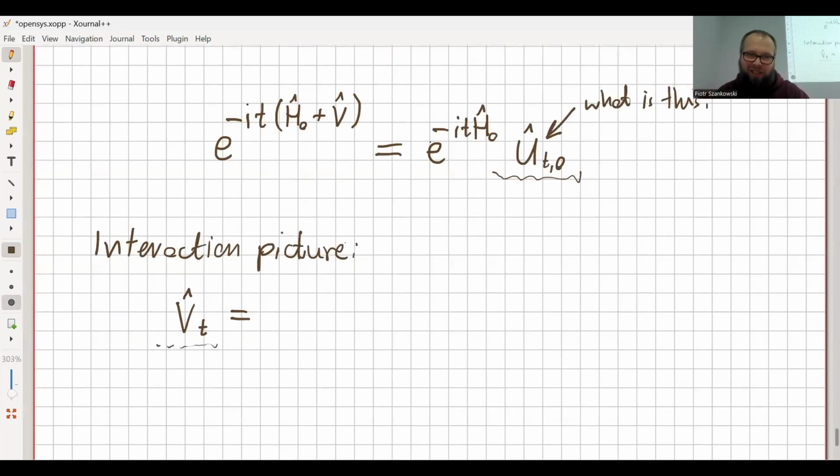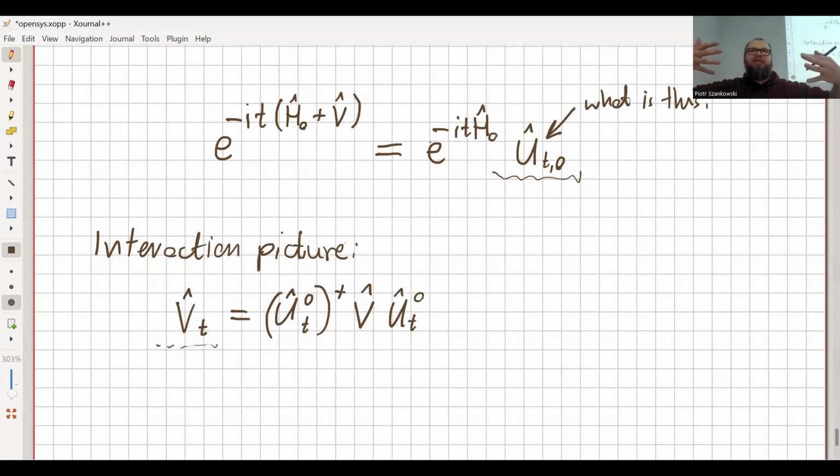The modification is you take U0(t) dagger, V, U0(t). You sandwich V in the known part of the evolution, which transforms when you do the dagger.